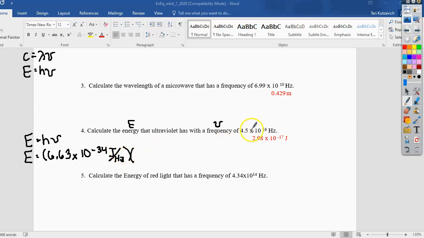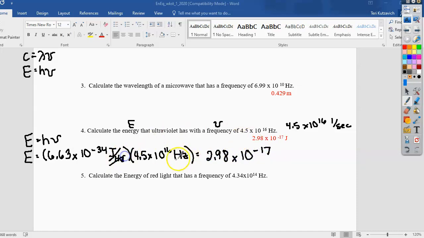If you use joules per hertz, then keep this as hertz. If you want to use joules times seconds, then you have to use 4.5 times 10 to the 16, 1 over a second. If I'm going too fast at any time, make sure you pause the video so you can get caught up. 6.63 EE negative 34 times 4.5 EE 16, and I get an answer of 2.98 times 10 to the negative 17th. My hertz cancels, and I'm left with joules.